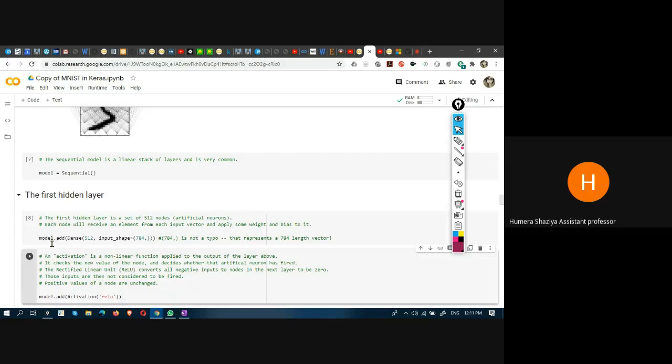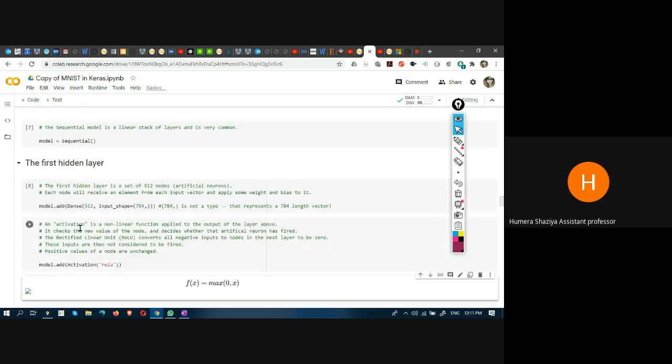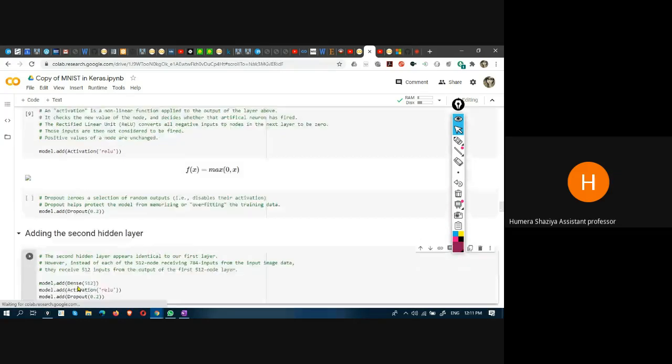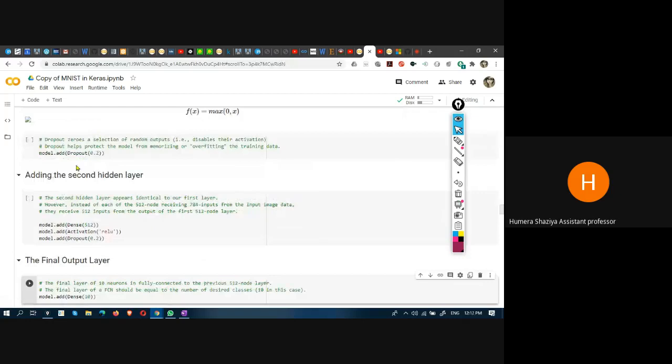What is the second? It's not the second layer. It's the activation for this layer. So for activation, you are adding ReLU. ReLU means it can be maximum of 0 or x. Whichever is maximum, it considers that.